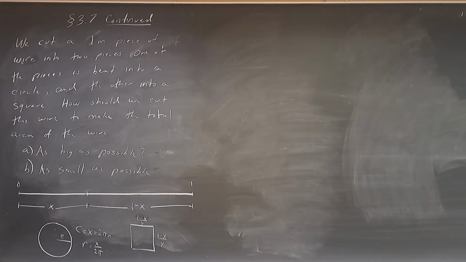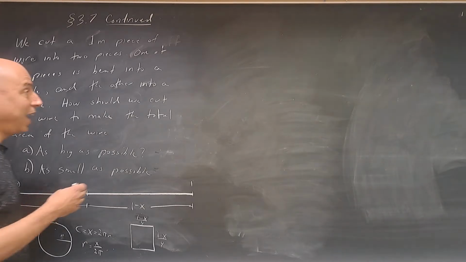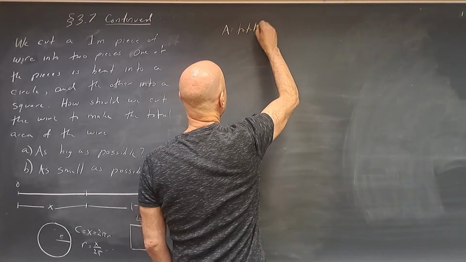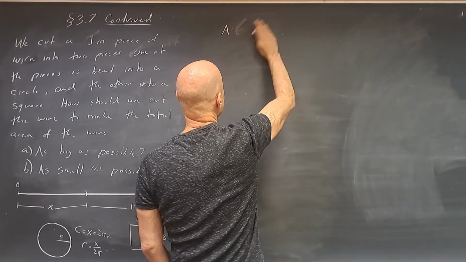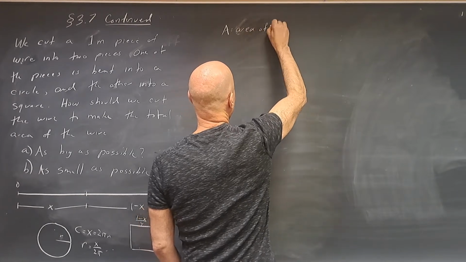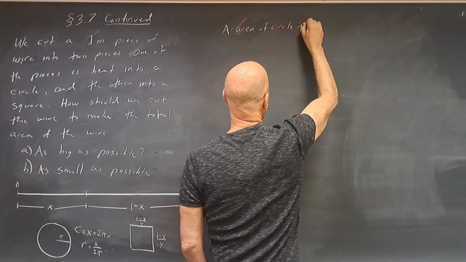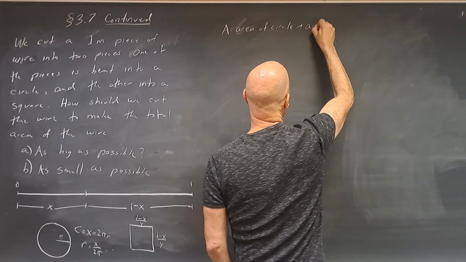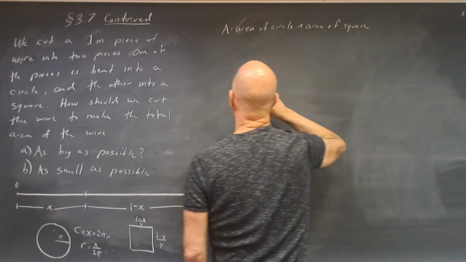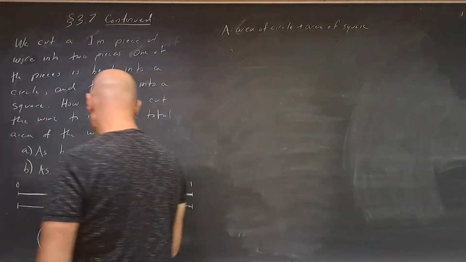So let's also say A is the total area. Let me say it's the area of the circle plus the area of the square. Well, we know how to compute the area of a circle.